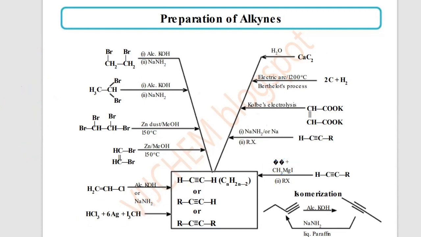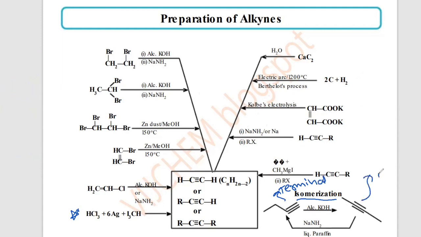Next, let us see the next method. This is more important: isomerization. See here, this is a terminal alkyne. What is isomerization? It is nothing but transforming one type of reactant into another. Okay. This is a terminal alkyne and this is non-terminal. So whenever the triple bond or double bond is at the end, it is called terminal. Otherwise, it is non-terminal.